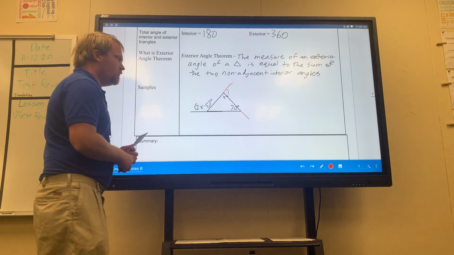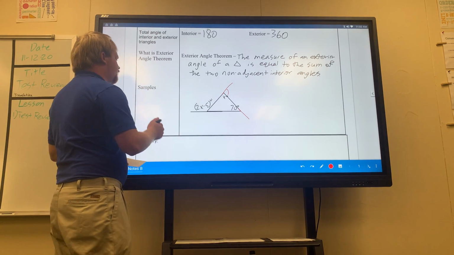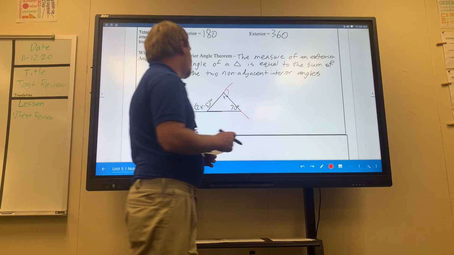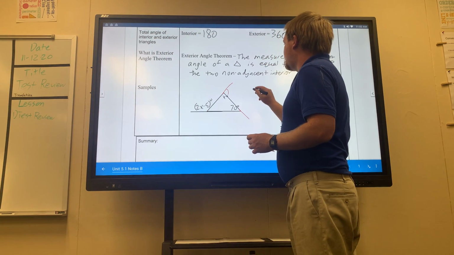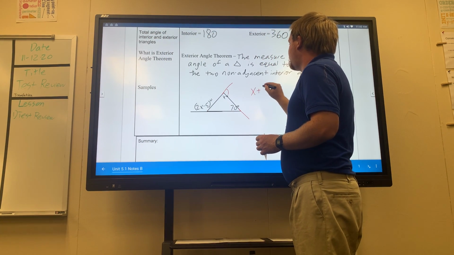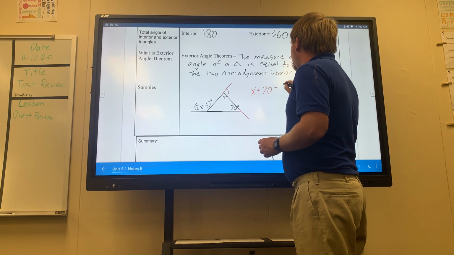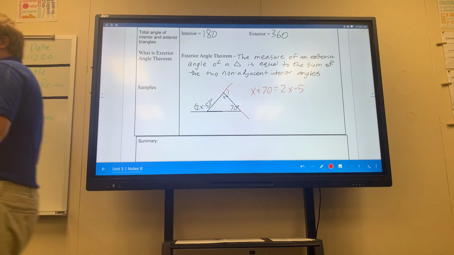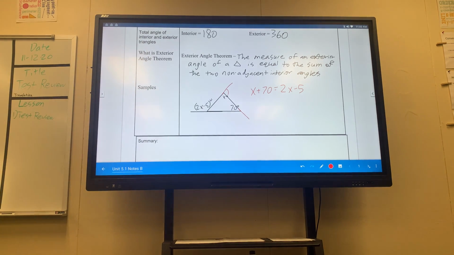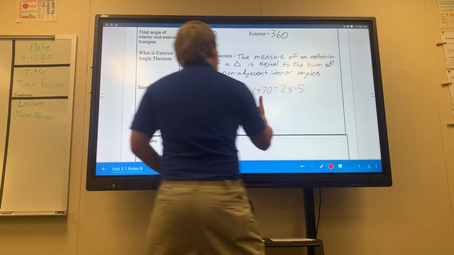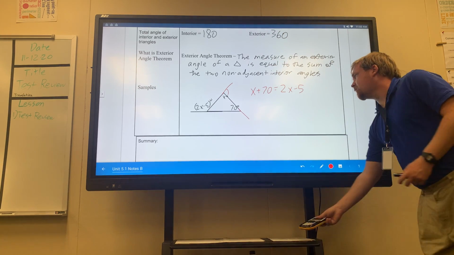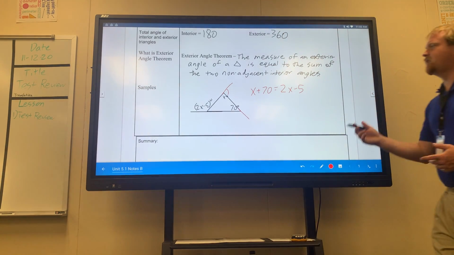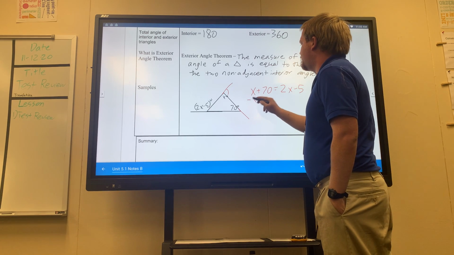So if I were to solve for x, for example, if I want to solve for this x, I know that the sum of x and 70 will give me 2x minus 5. Okay? So if I set it up accordingly like this, all I have to do, in this case, is subtract x from both sides.